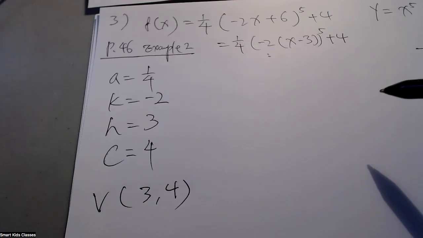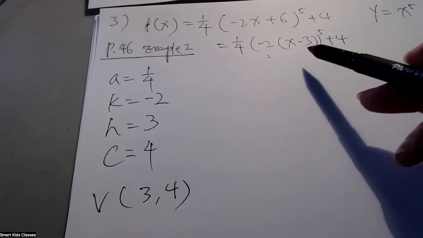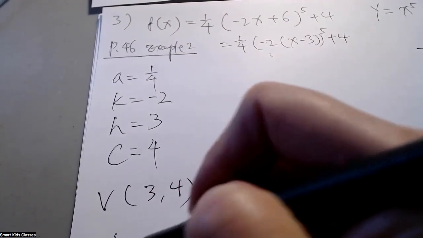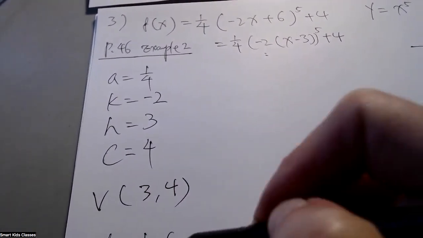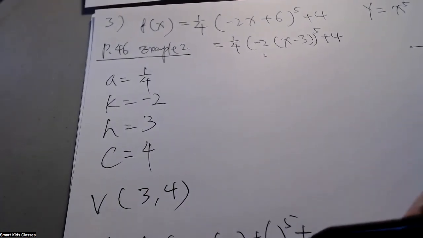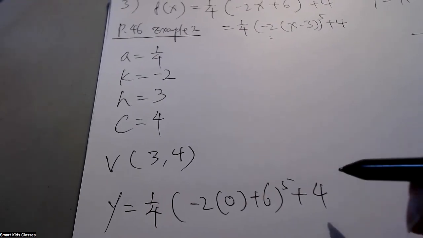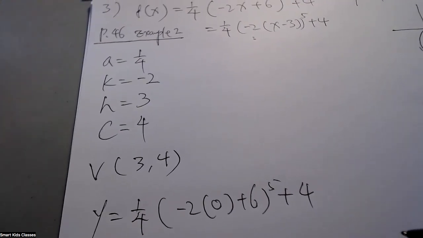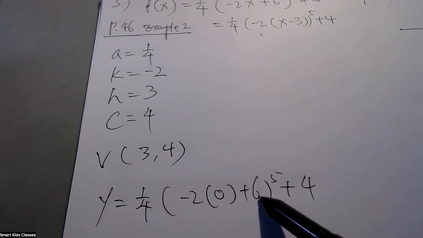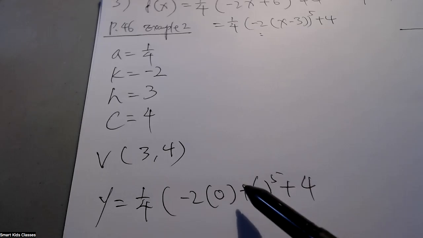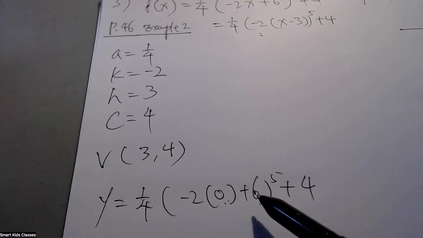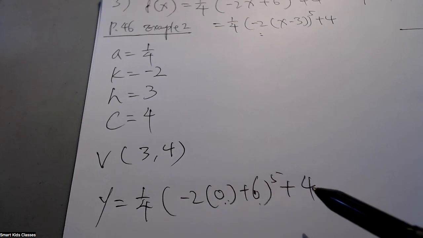How about the y-intercept when x equals 0? We plug it into the equation: y equals 1 over 4, negative 2 times 0 plus 6, exponent 5, plus 4. We're going to use the calculator to do it: negative 2 times 0 plus 6, exponent 5, then divide by 4, and then plus 4.